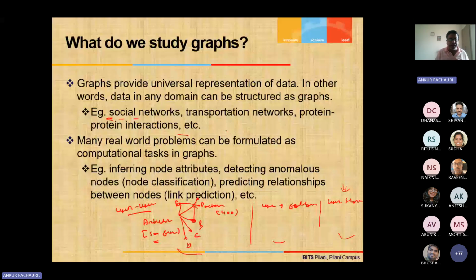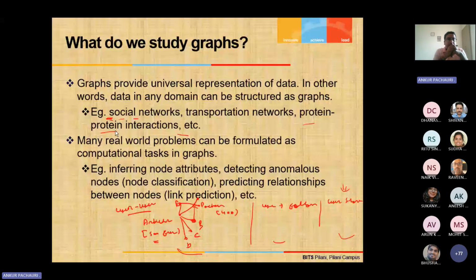Now this protein-protein interaction is of two types: bioinformatics. Okay, so like interaction of the genes.